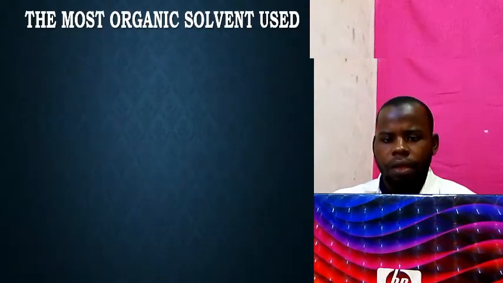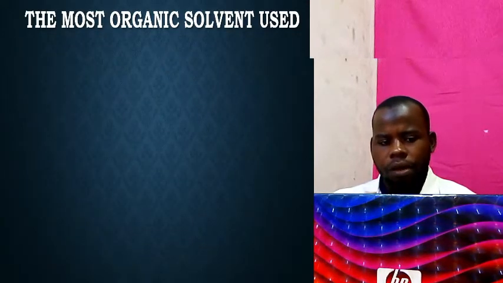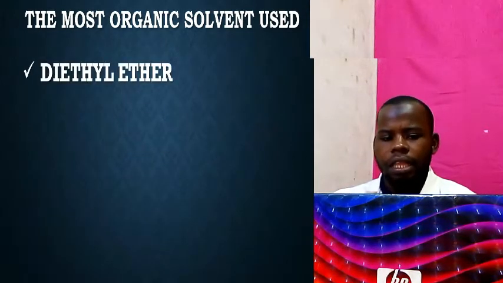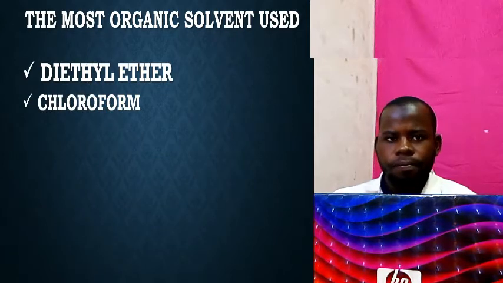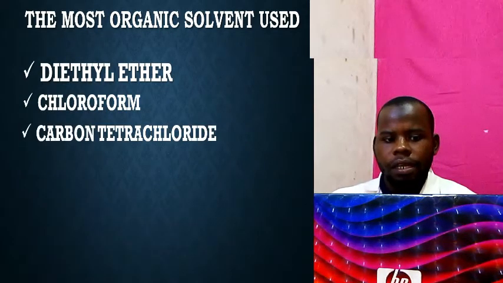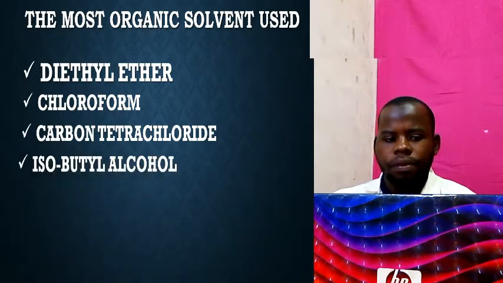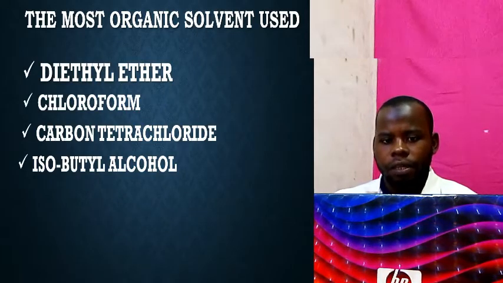We look at the organic solvents which can be used: diethyl ether, chloroform, carbon tetrachloride, isobutyl alcohol. Those are some of the solvents that can be used in different experiments.